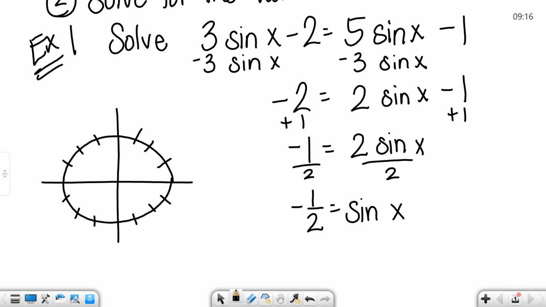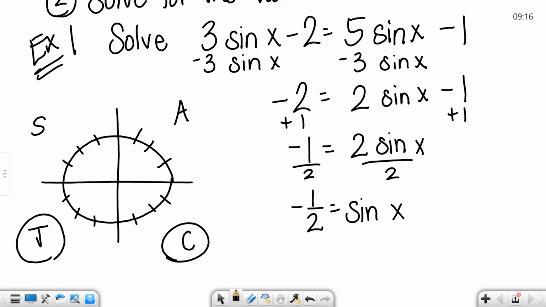If my y value is negative 1/2, that is going to be in 2 places. Now, I don't have my unit circle sitting here looking at me, but I do know that the sine at negative 1/2 happens in 2 places. Okay, the sine is negative in quadrant 3 and in quadrant 4.